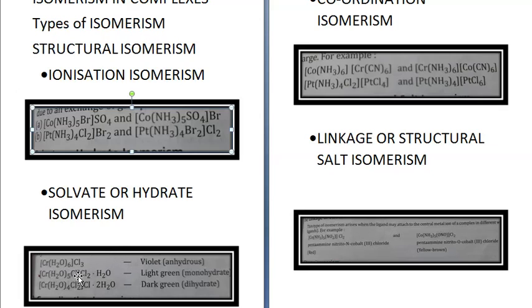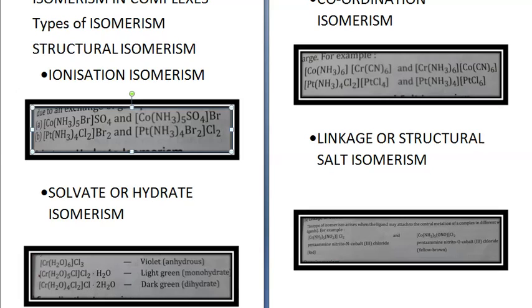This is violet in color, it is anhydrous. [Cr(H2O)5Cl]Cl2·H2O, this is light green in color, monohydrate. And [Cr(H2O)4Cl2]Cl·2H2O, it is dark green and dihydrate. Their properties are also different.